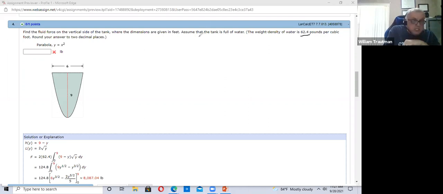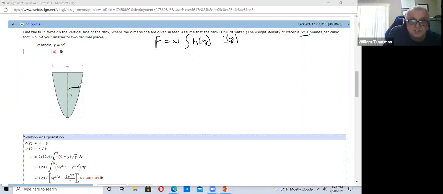So once again, we are going to integrate this, integrating the height, or how deep this item is, and this is the L(y), the distance, what x equals, the x value.